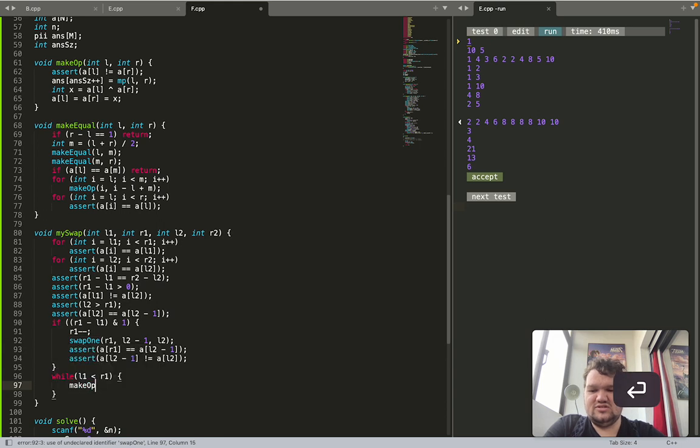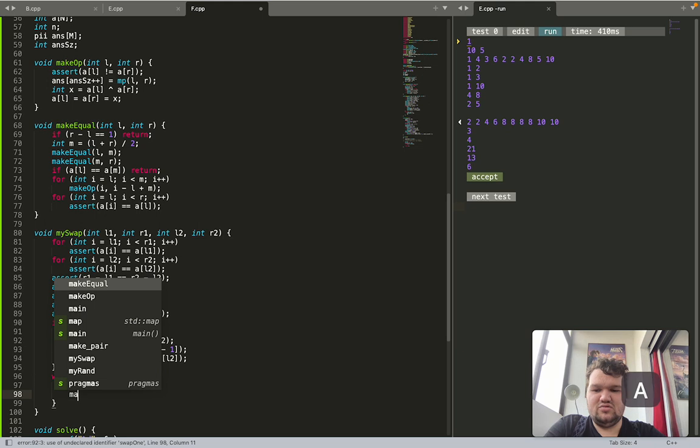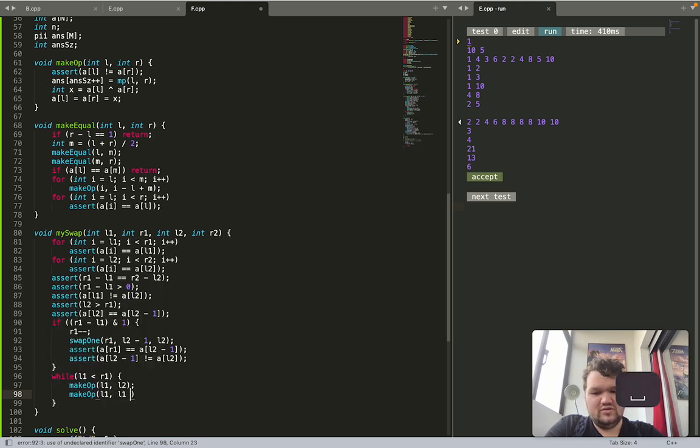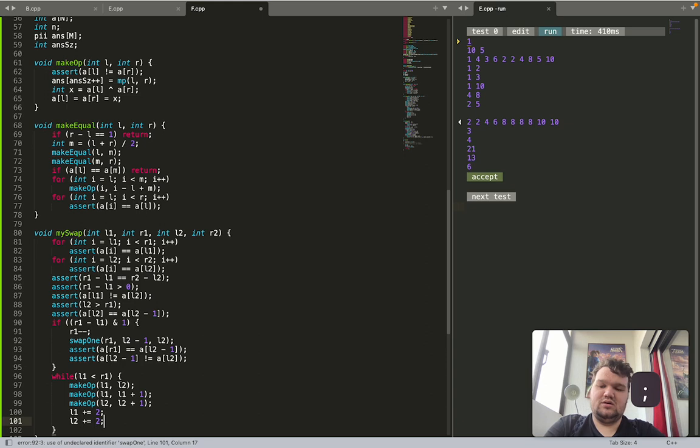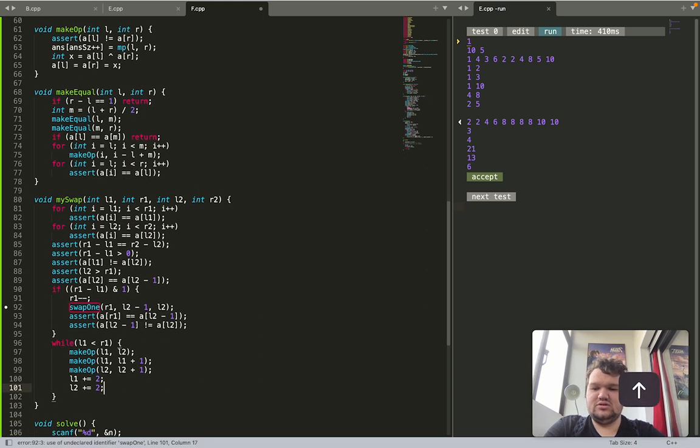So let's make op L1, L2, make op L1, L1 plus 1, and make op L2, L2 plus 1, and forget about these pairs. And we are done. Here I actually have to increase L2.